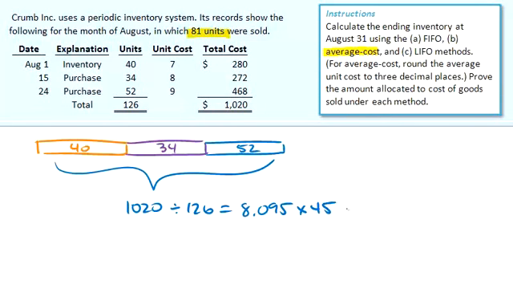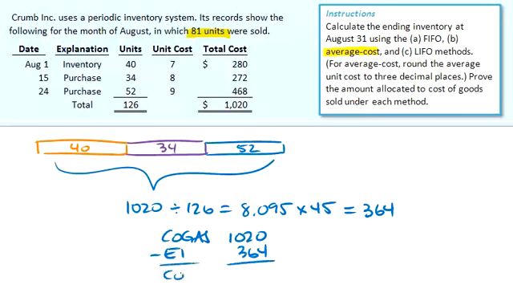Multiply that by the $8.09, and the value of our inventory will be approximately $364. So we take our cost of goods available for sale of 1,020, subtract ending inventory of 364, gives us cost of goods sold of $656 under the average cost.